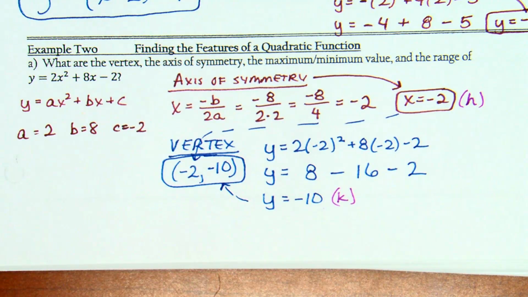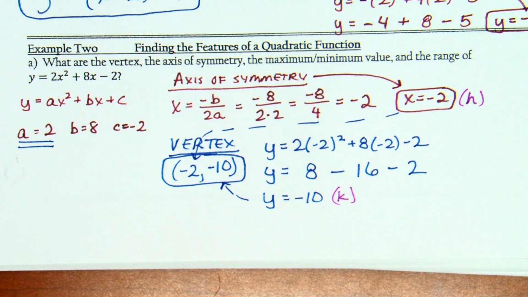So what does A tell me right here? If it's upside down or right side up. My A value is 2, which is positive. So what's that say about my parabola? It's going to open upwards, right? So because A is positive, my parabola opens up.